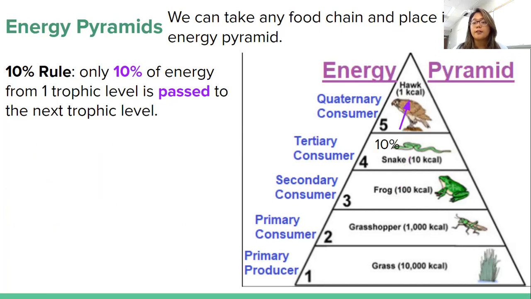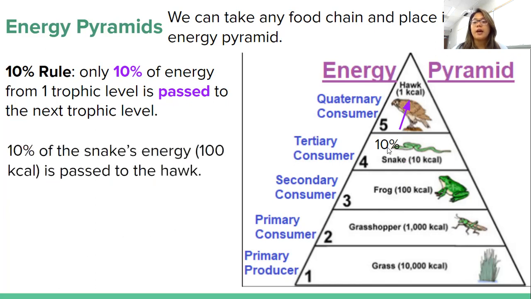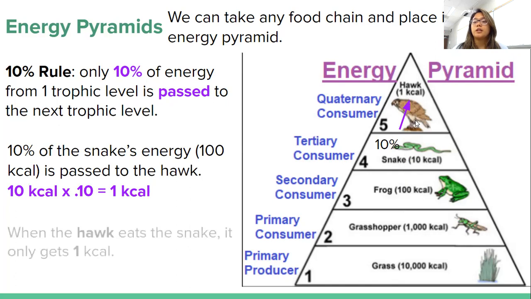How do we calculate how much the hawk would get? The snake can only pass on 10% of its energy, 10 kilocalories. So if we multiply 10 times 10% or 0.10, the hawk only gets 1 kilocalorie by eating that snake.